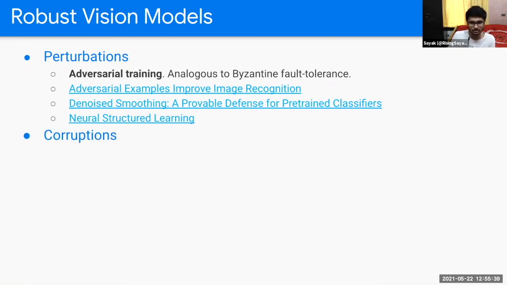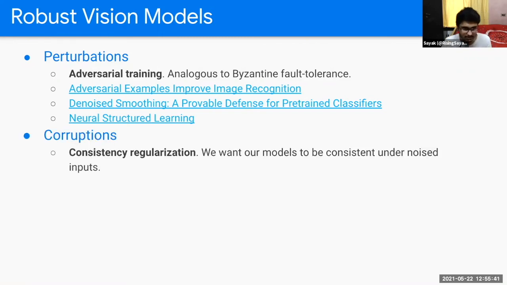And some solutions to corruptions. Consistency regularization is one of the most practically employable techniques. Basically, it enforces that we want our models to be consistent under noised inputs, right? It should not affect our model's predictions if they are made with very subtle noise like corruptions.